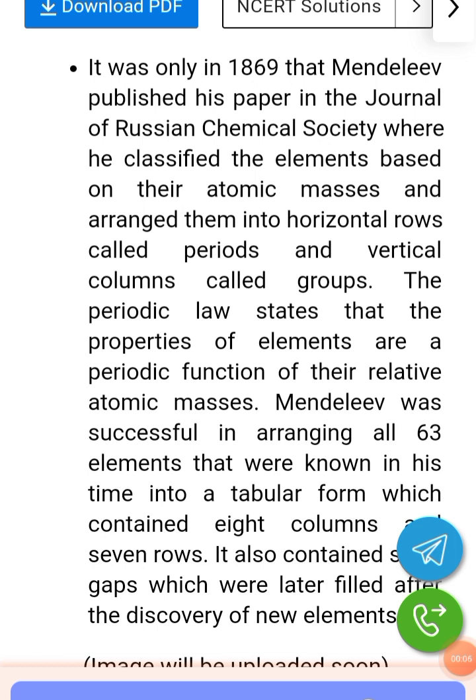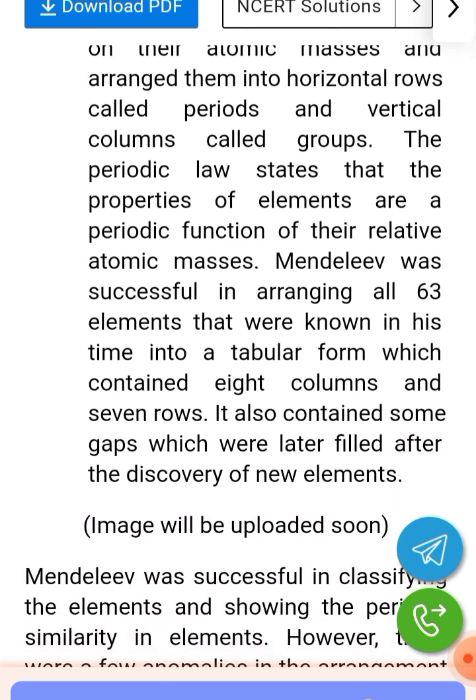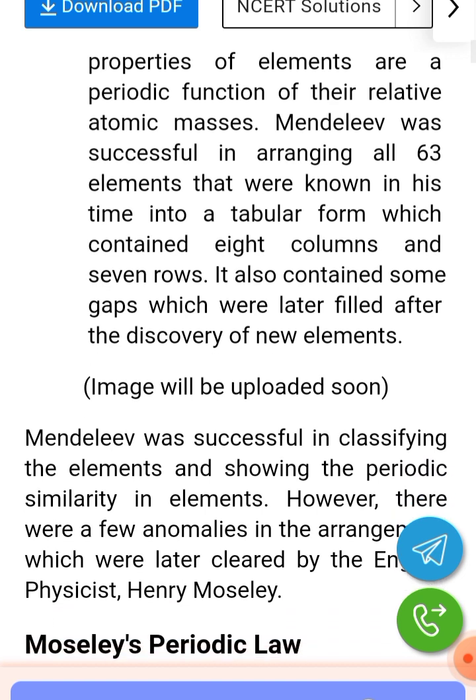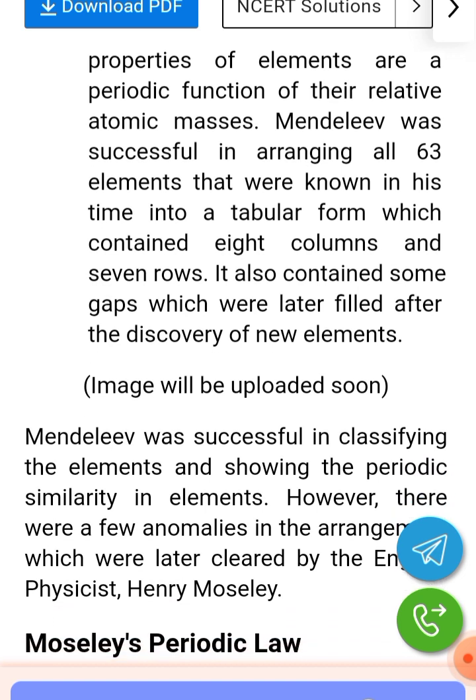It was only in 1869 that Mendeleev published his paper in the Journal of the Russian Chemical Society. Mendeleev successfully arranged all 63 elements that were known then into tabular form, which contained 8 columns and 7 rows.